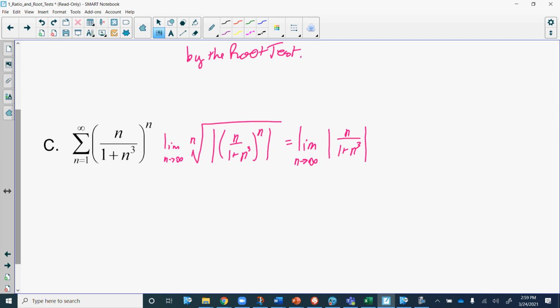Now here we don't necessarily need to use L'Hopital's rule, although I guess strictly speaking we should, because we would wind up with infinity over infinity. But if I do L'Hopital's rule, I'm going to wind up with 1 over 3n squared. But either way, the denominator is clearly going to increase faster and larger than the numerator will. So in this case, the limit will be 0.